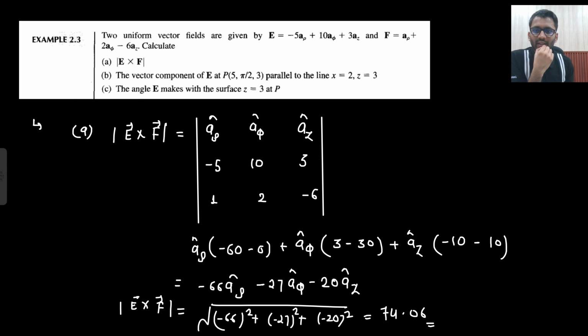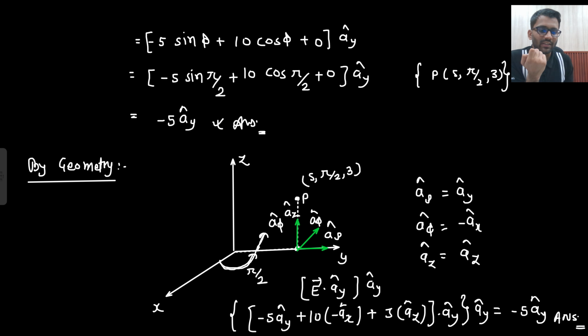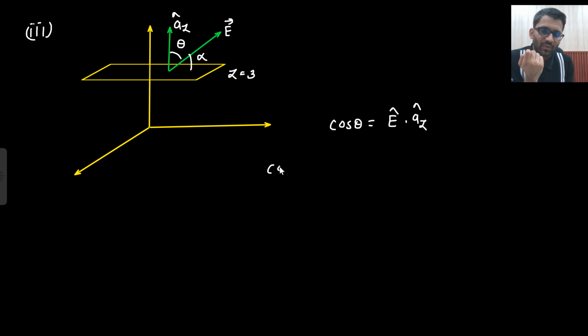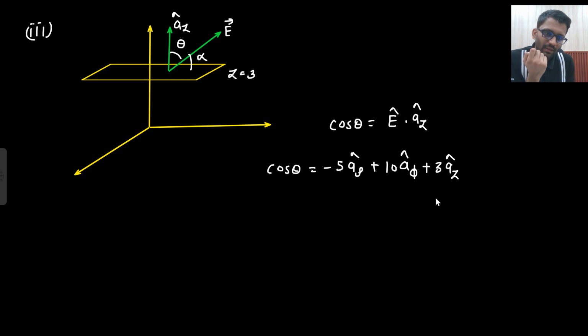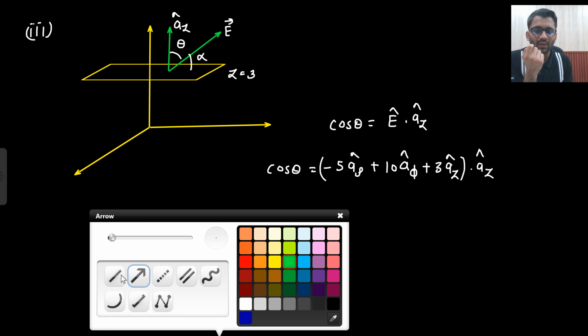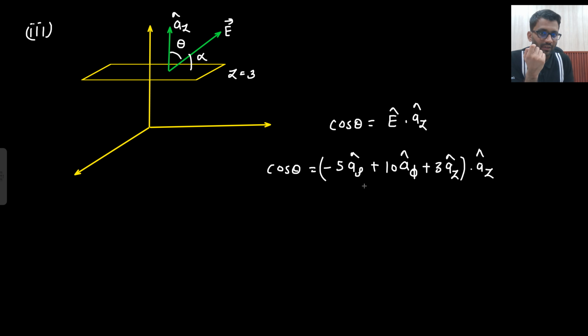So let's find E cap. E cap is minus 5 aero cap minus 5 tan 3. Till now I should be able to remember it. Minus 5 tan plus 3 AZ cap dot AZ cap. Is that correct? No, this unit vector I need to write, no? E cap I have written, unit vector I need to write.